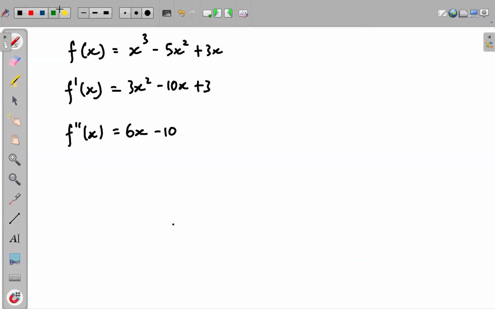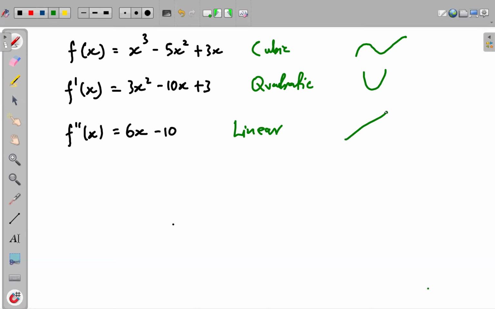Now, please pay attention. Note, this is a cubic. The first derivative of the cubic is a quadratic. And the second derivative of the cubic is a linear function, which means here the picture will look like that. Here the picture will look like this. And here the picture will look like that, just a straight line.